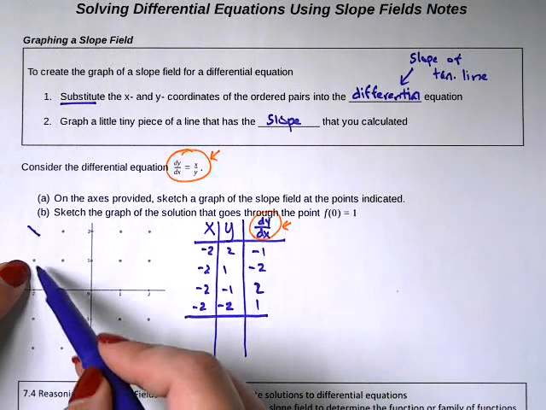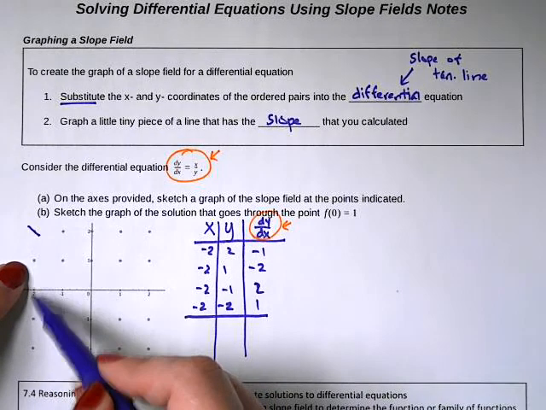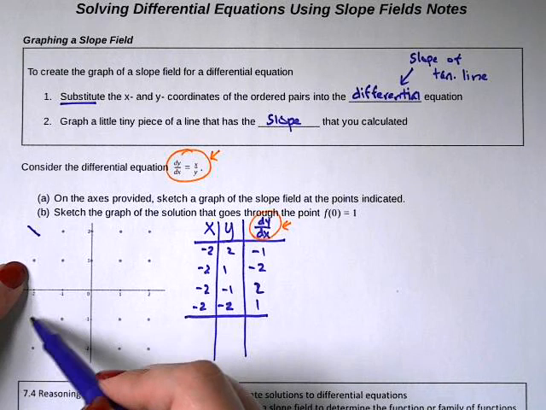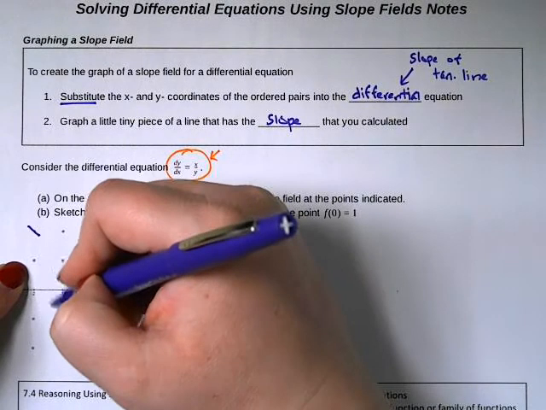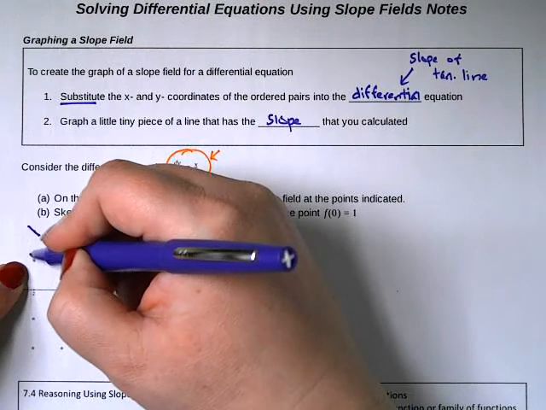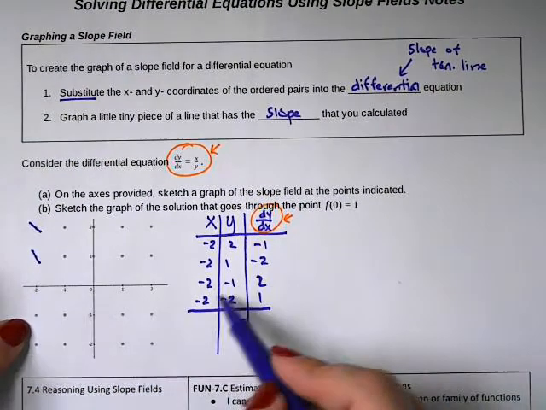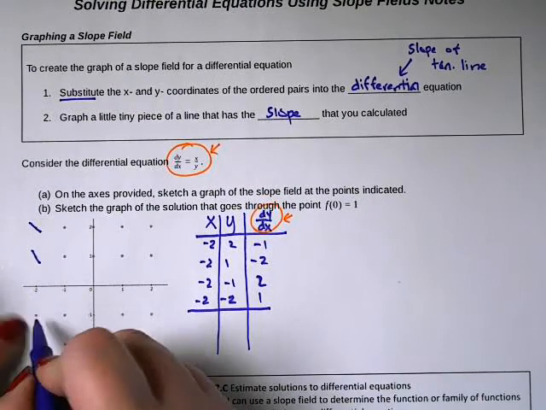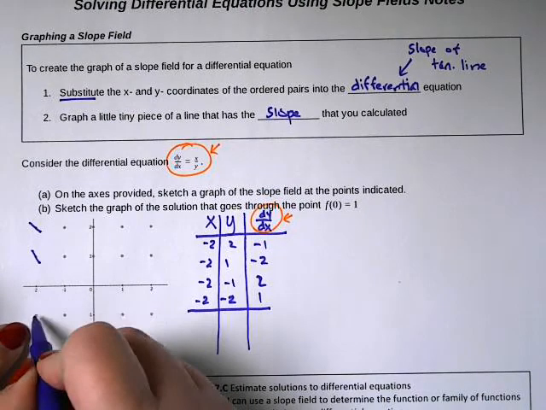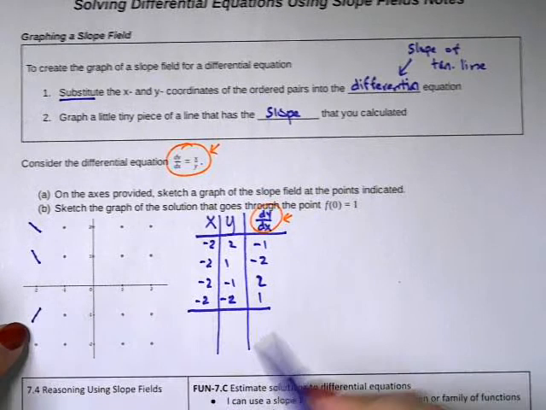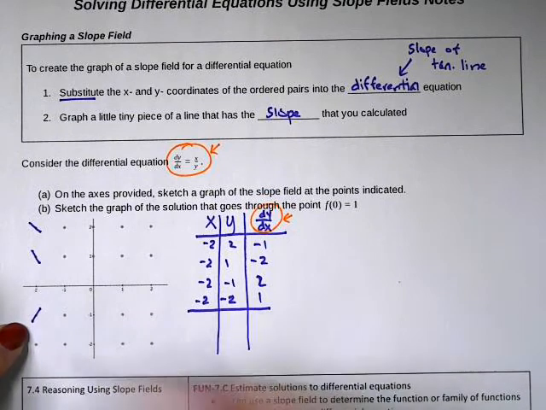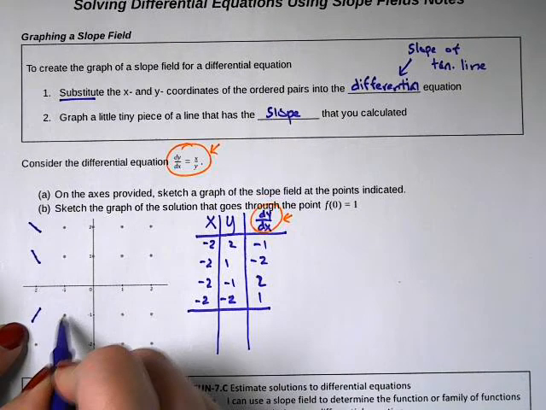If it helps to visualize, I sometimes in my head go, a slope of -2 means down 2 and right 1. So I sketch it that way. Then (-2, -1) would have a slope of +2, so I need to go up to that point, so maybe here. And then (-2, -2) has a slope of +1, so I'm going straight up there.